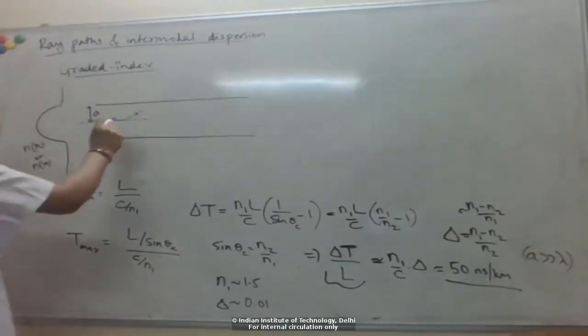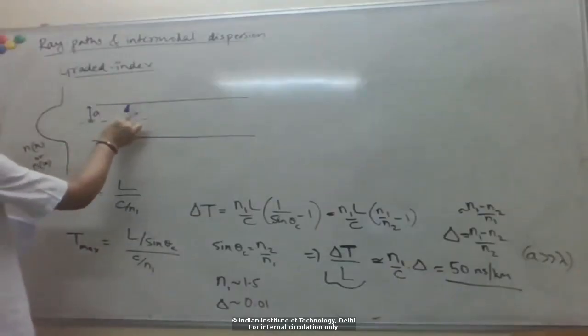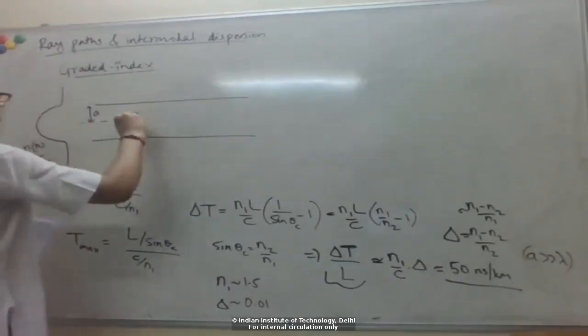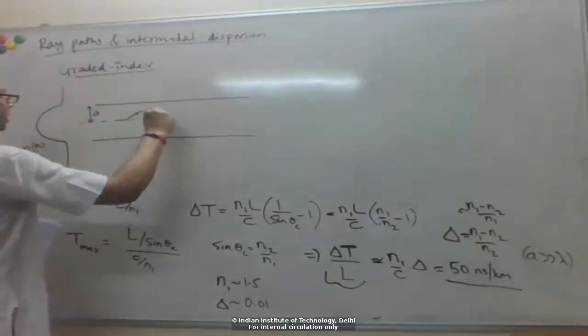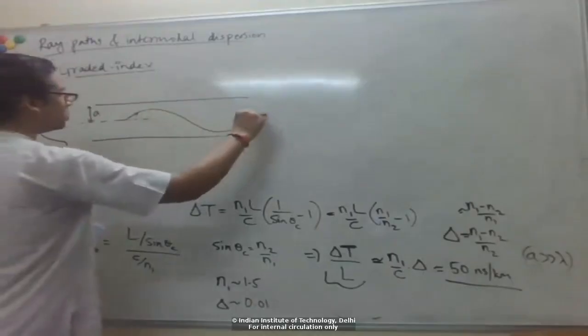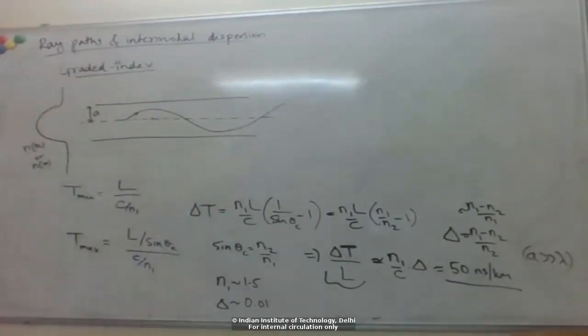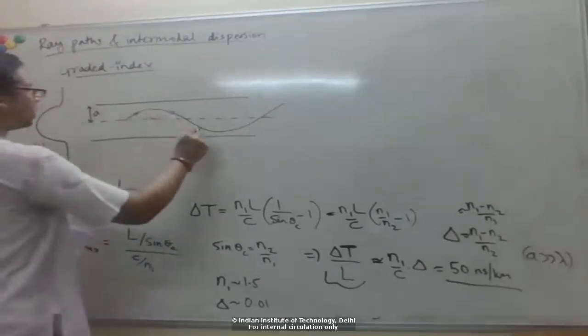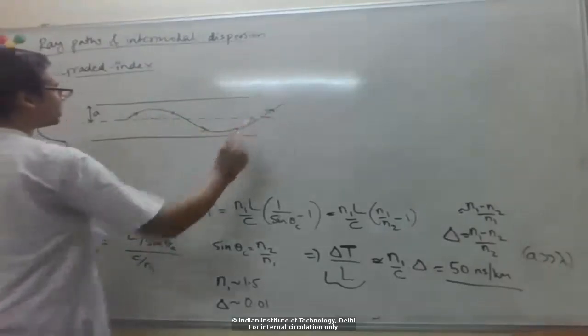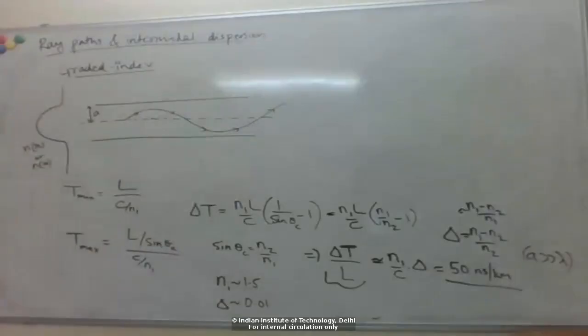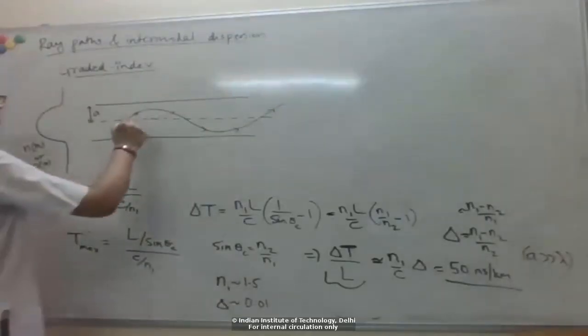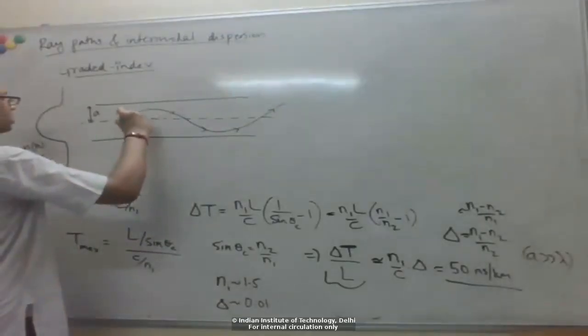As the refractive index continuously varies, this will bend, and this will be a continuous smooth curve. So the ray paths are no longer straight lines, but if I launch at a slightly different angle, maybe it looks like that.